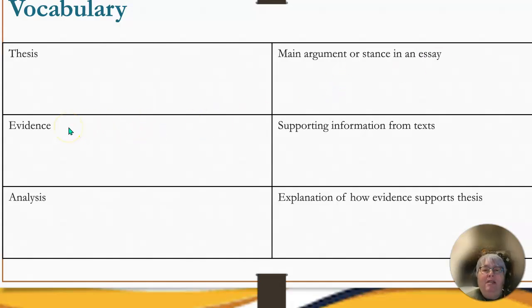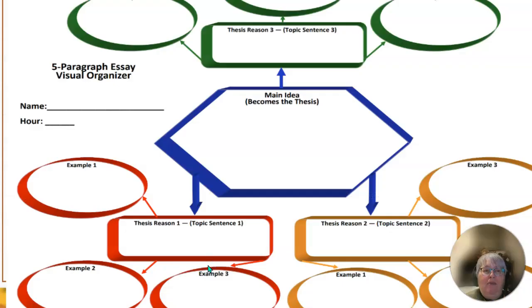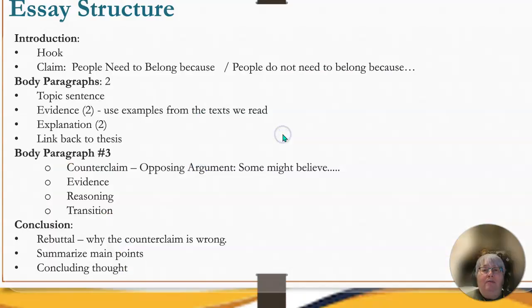We have evidence, which is supporting information from text to support our claim, and analysis, explanation of how evidence supports our thesis. There's also another point to this, which is a counter argument, and that is the opposing position.